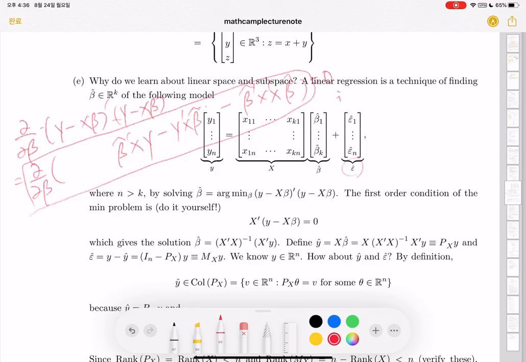Then when you do the matrix differentiation, you get this. You get x prime (y minus x beta hat) equals 0 at the first order condition, and that gives you this.